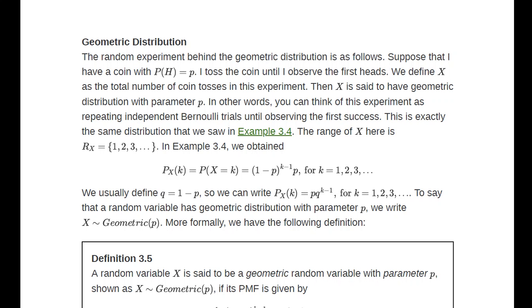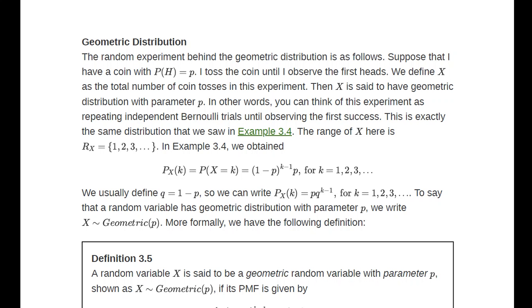In Example 3.4, we obtained P_X(k) = P(X = k) = (1 - p)^(k-1) p for k = 1, 2, 3 and so on.